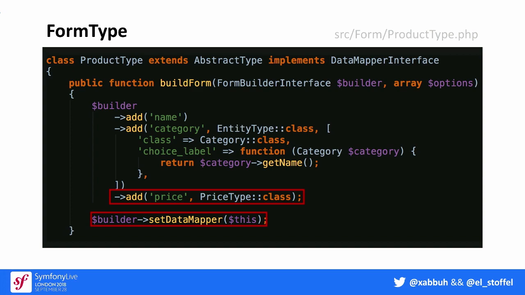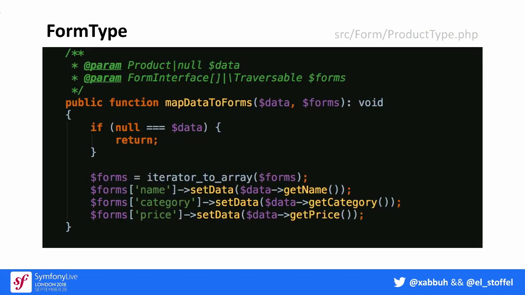We can create a completely new object that is a Datamapper, or we just tell our product type to implement this Datamapper interface. This interface is provided by the form component and deals with mapping form data to the object and from the object to the form.